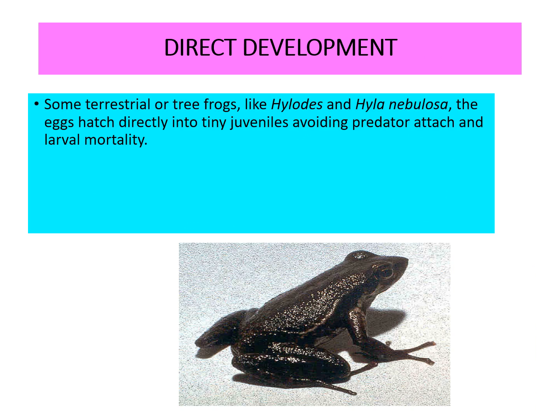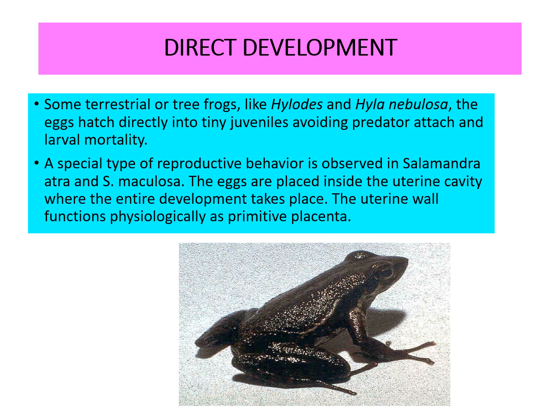Now, in some cases, direct development occurs in order to increase the survival value. Some terrestrial tree frogs like Hylodes and Hyla nebulosa, the eggs hatch directly into tiny juveniles, avoiding predator attack and larval motility. A special type of reproductive behavior is observed in Salamandra atra.